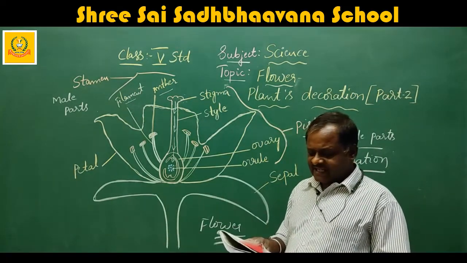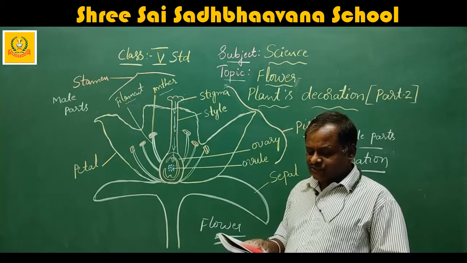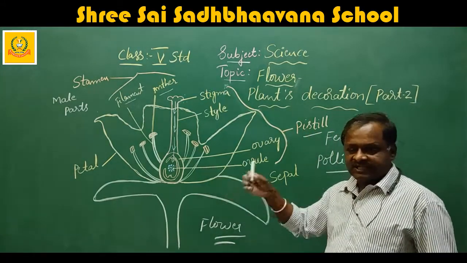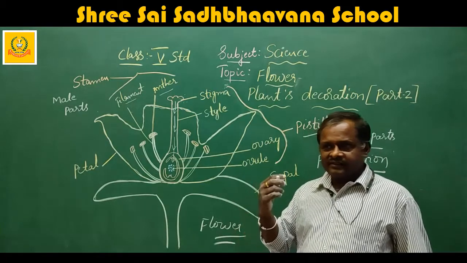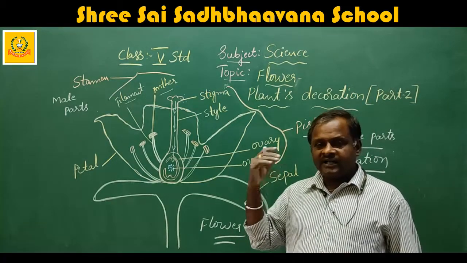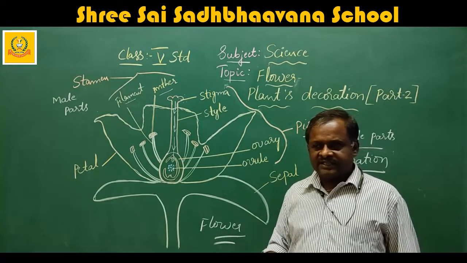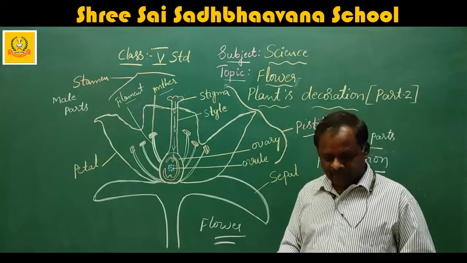Okay. A seed has everything it needs to form a new plant. That means a seed is what is needed to form another plant. When you sow the seeds, you will get a new plant.